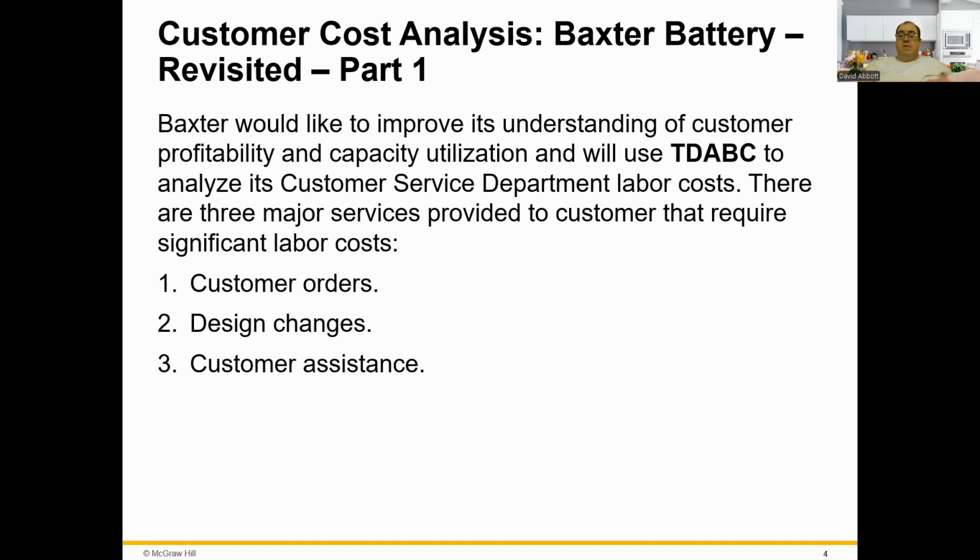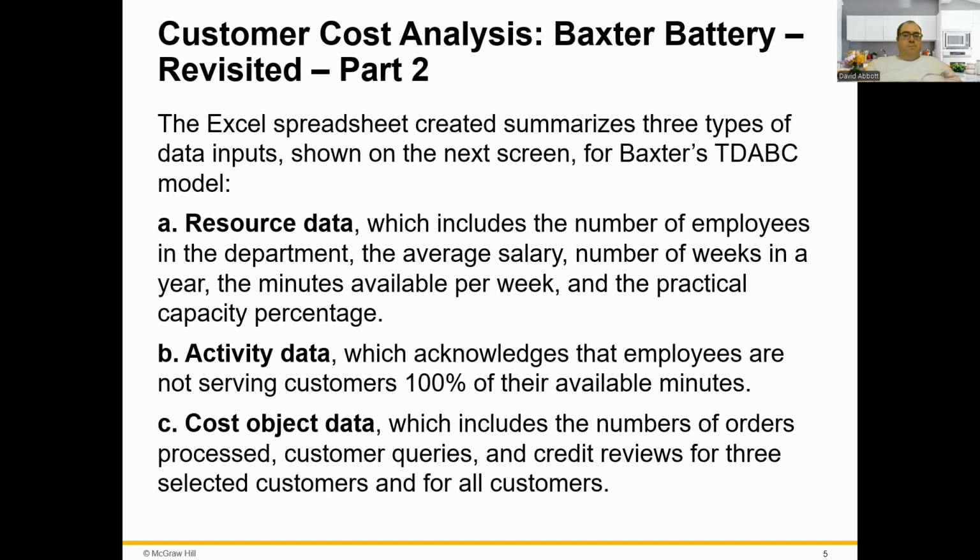And so it is to assist in better understanding the three main services that are provided to customers, and they require significant labor costs. And we want to know what the labor costs are and how are we doing for customer orders, for design changes, and for customer assistance. We want to have a better understanding of those areas.